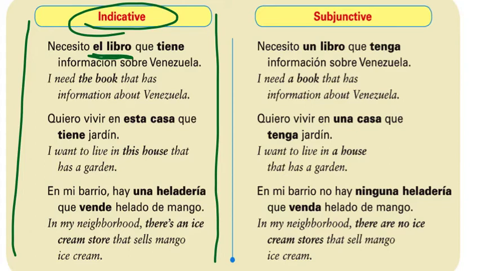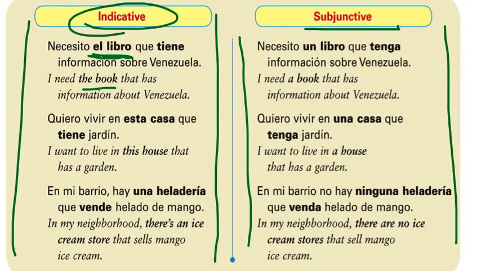I need the book that has information about Venezuela, as opposed to the group in the subjunctive. Necesito un libro que tenga información sobre Venezuela. I need a book that has information about Venezuela. We don't know if that book exists because we're saying a book.